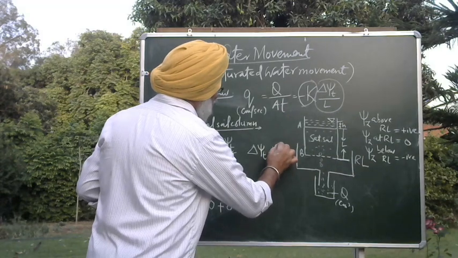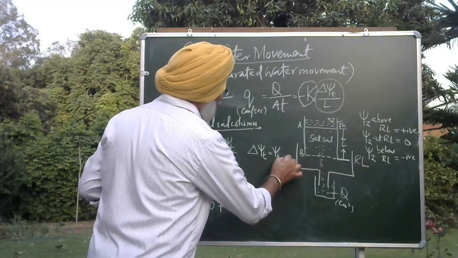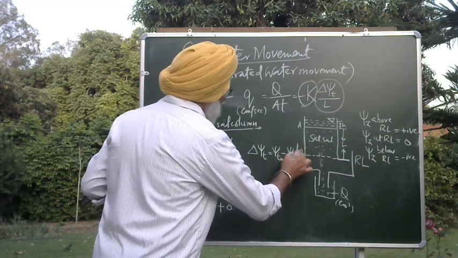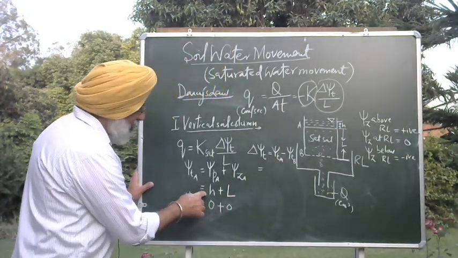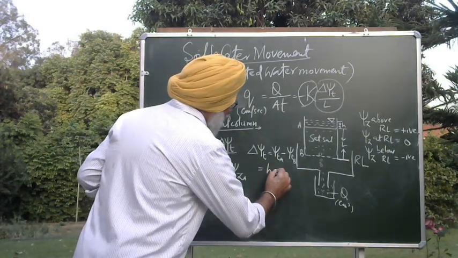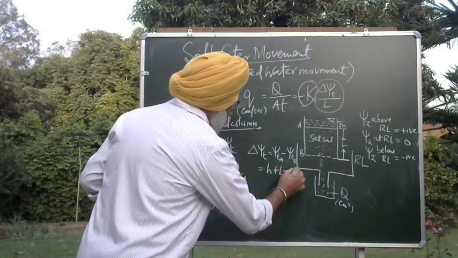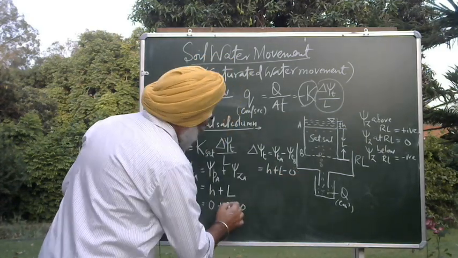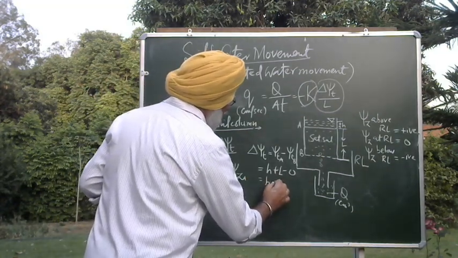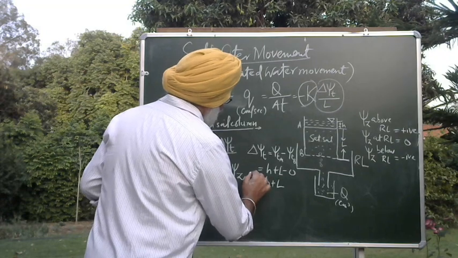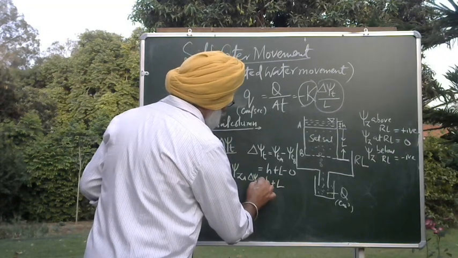This will be total soil water potential at A minus total soil water potential at B. Now what is total soil water potential at A? H plus L minus 0, because this is 0. So this will be H plus L. And this is now the difference in total soil water potential.